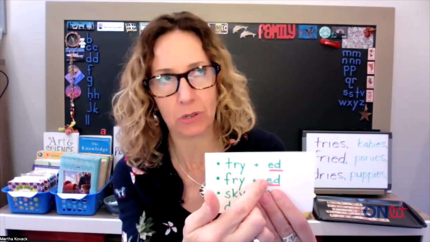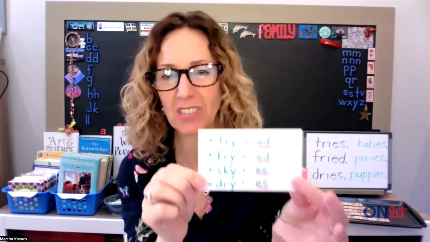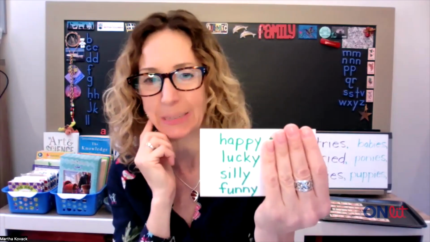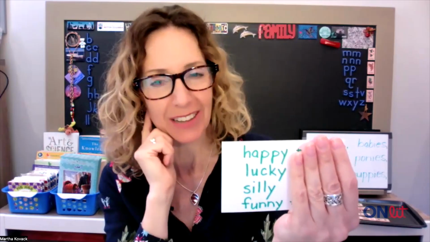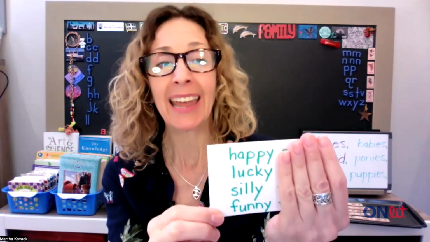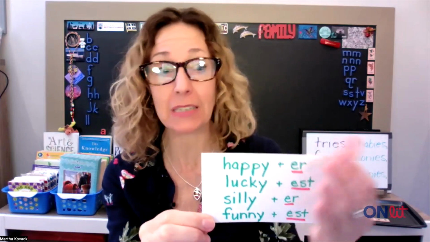Probably you've already introduced ED by the time you get to this spelling pattern, but you might just start there. And then as you move along and they learn the E sound at the end of multi-syllable words spelled with a Y, then you might teach the Y to I again, and then every time you teach a new suffix, you teach Y to I again. It's just something that accumulates, and you build and you build and you build.